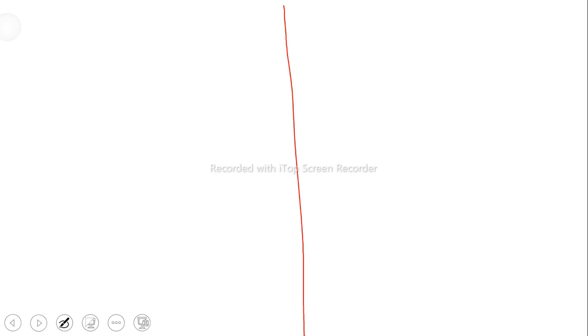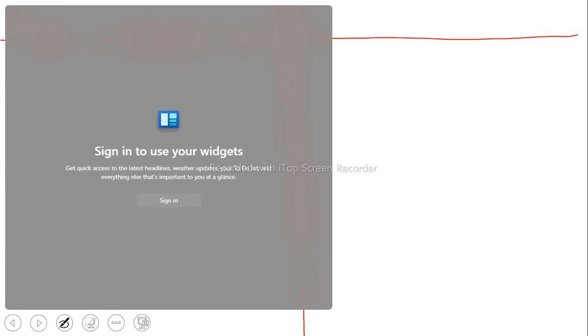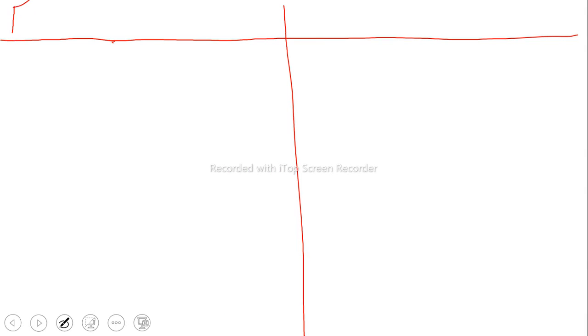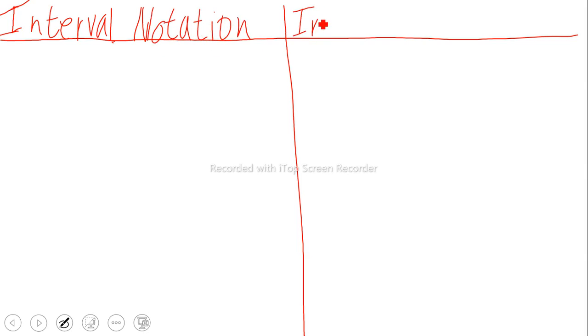On one side, we're going to put interval notation, and on the other side, we have inequality notation.